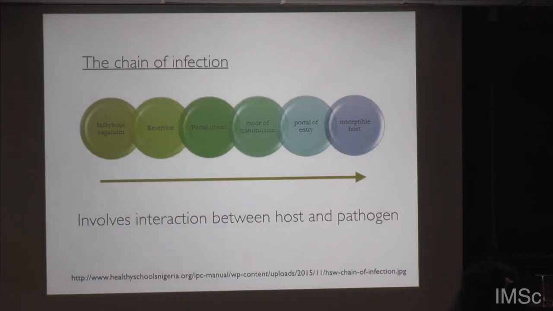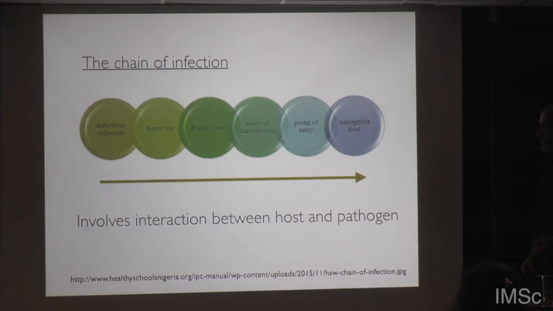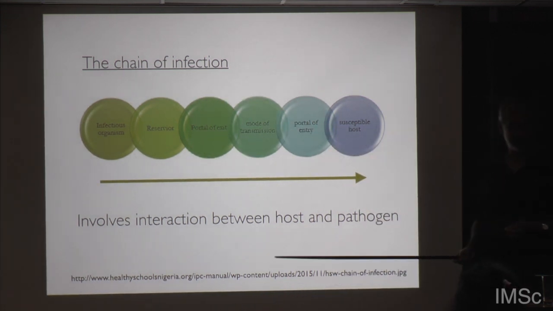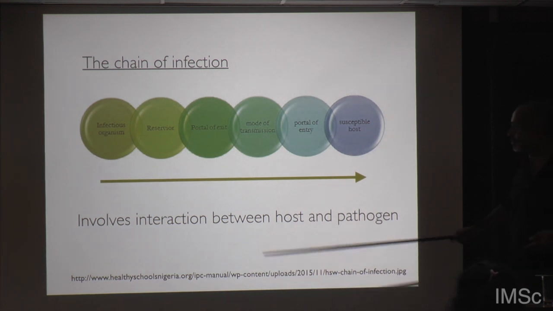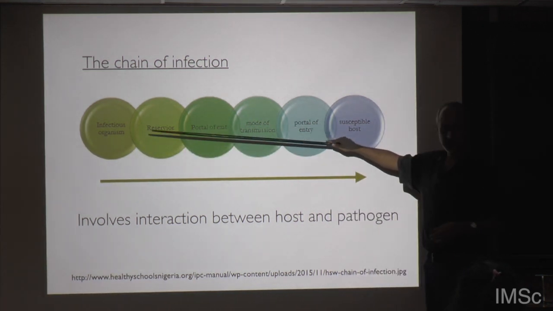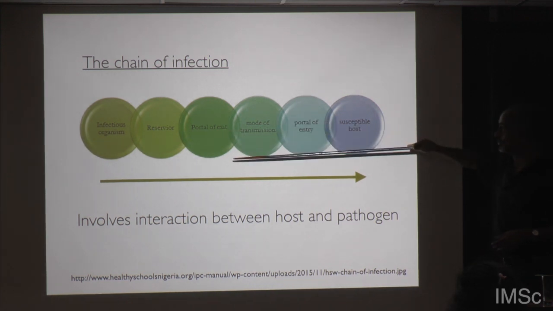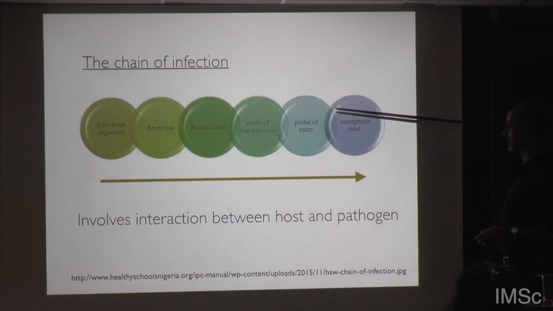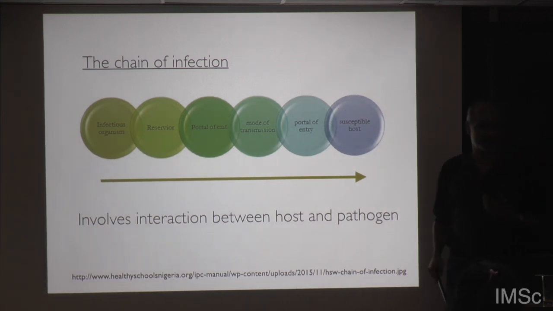Now that we know that microorganisms, bacteria, viruses, protozoa, etc., are responsible for making you sick with an infectious disease, we introduce another term, the chain of infection. The chain of infection refers to the whole process by which an infectious organism living normally in its reservoir enters through some mode of transmission into the human being, and then enters what is called a susceptible host.